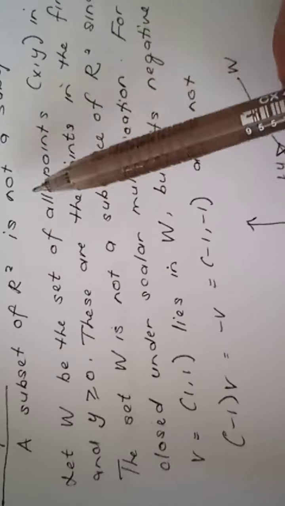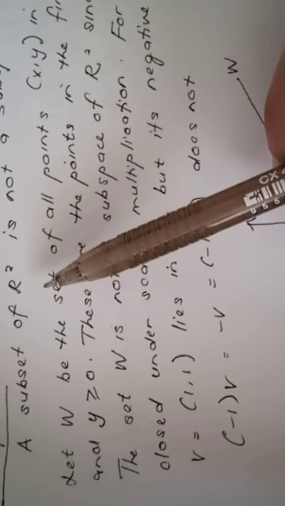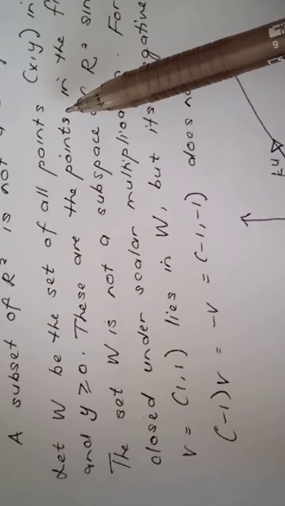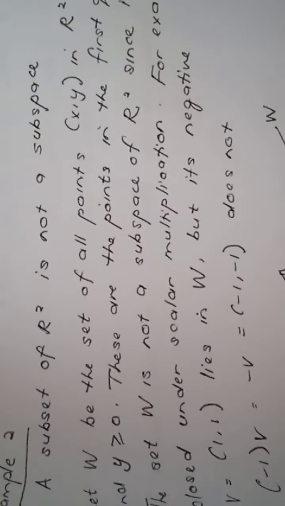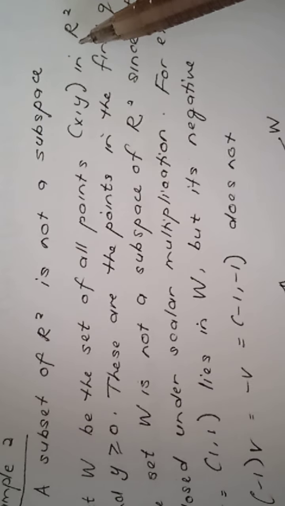Okay, another example: a subset of R2 that is not a subspace. Why is this subset of R2 not a subspace? Let W be the set of all points (x, y) in two dimensions R2 such that x is greater than 0 and y is also greater than 0. So these are the points in the first quadrant in R2.